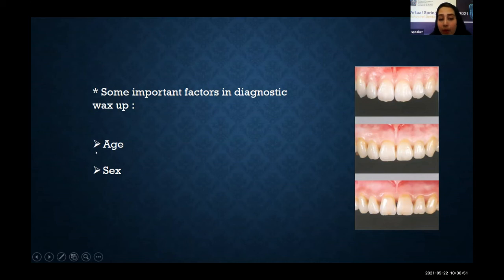The sex is also important. For example, in men we have a bolder mold and sharp line angles, and in reverse, in women we have round line angles and a softer model of teeth.